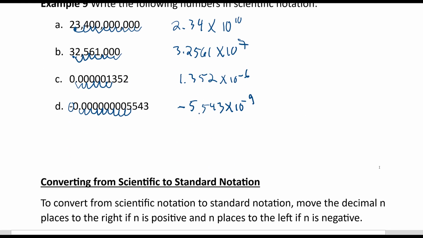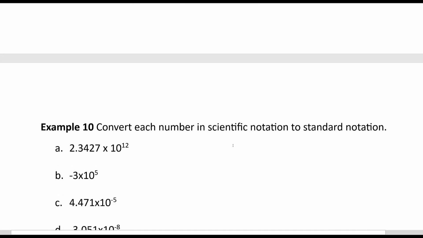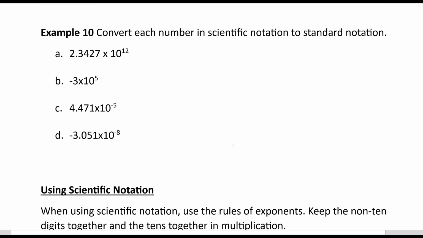Okay, let's go ahead and talk about converting from scientific to standard notation. To convert from scientific notation to standard notation, move the decimal n places, to the right if n is positive, to the left if n is negative. So we have 2.3427.